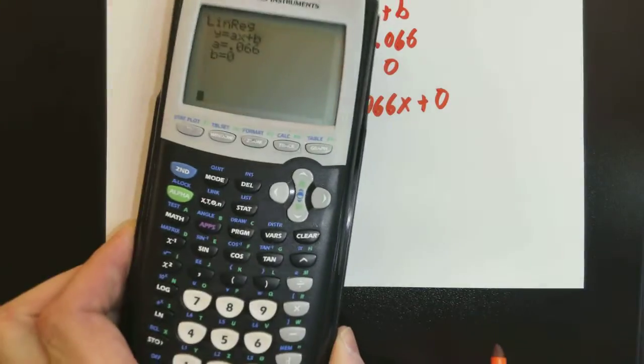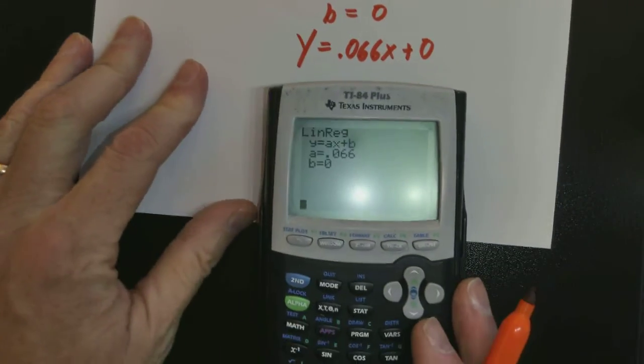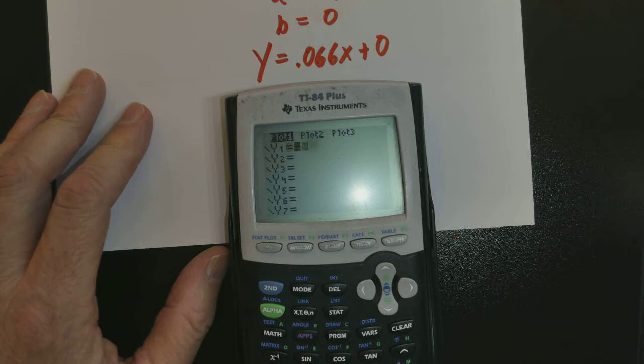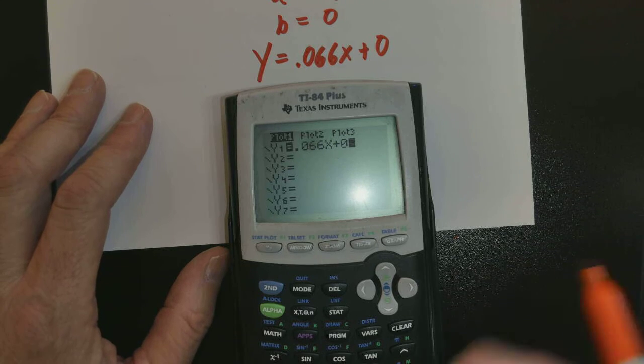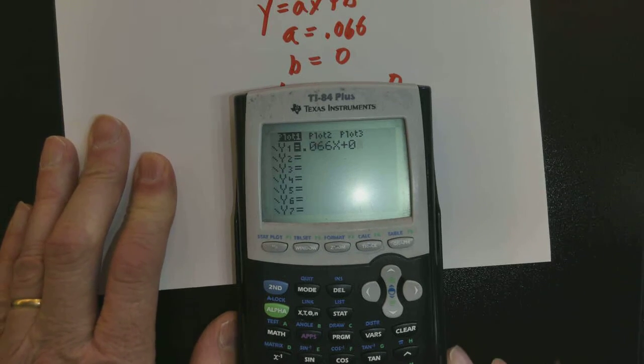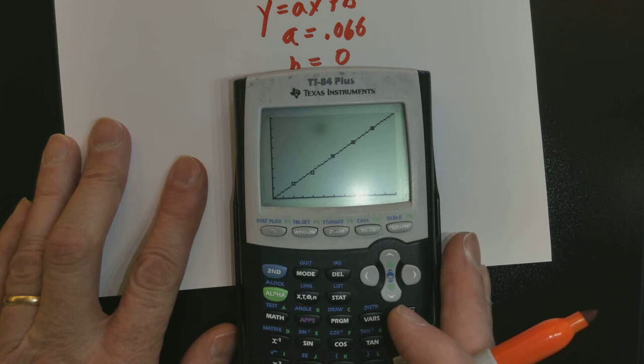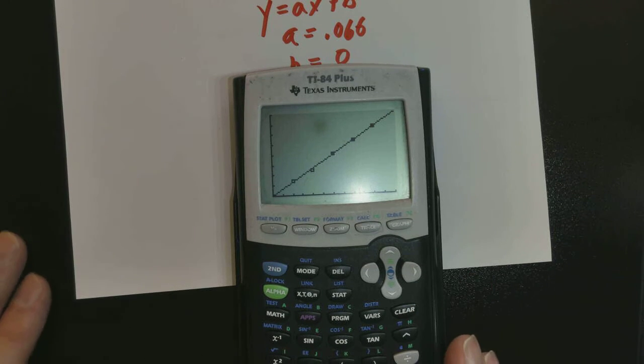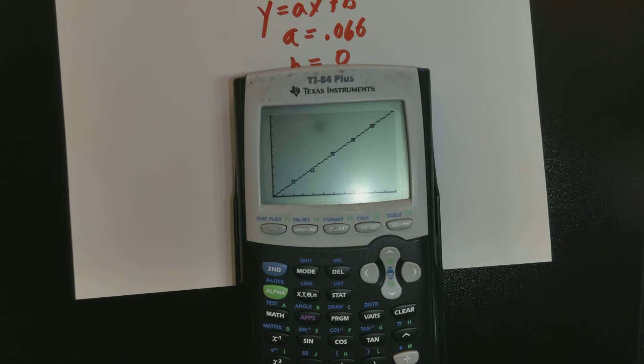Everybody there? Well, let's actually just put that thing in then. Y equals 0.066x plus 0. I don't have to put the plus 0, but for dramatic effect, let's do that. All right. Now hit graph. Look at that. Woo! Goes right through those points, huh?